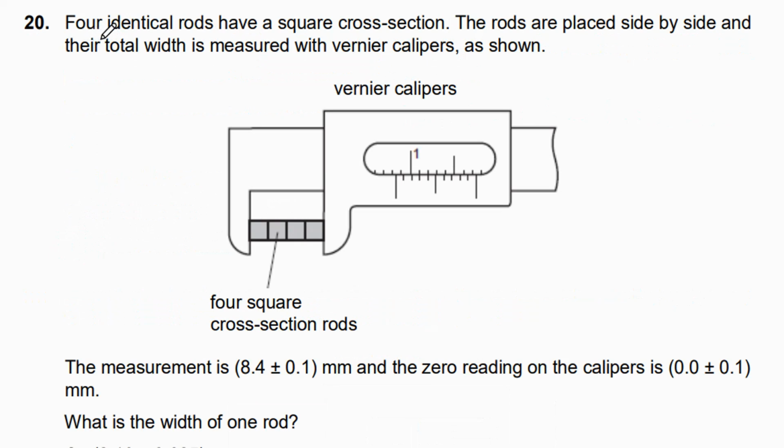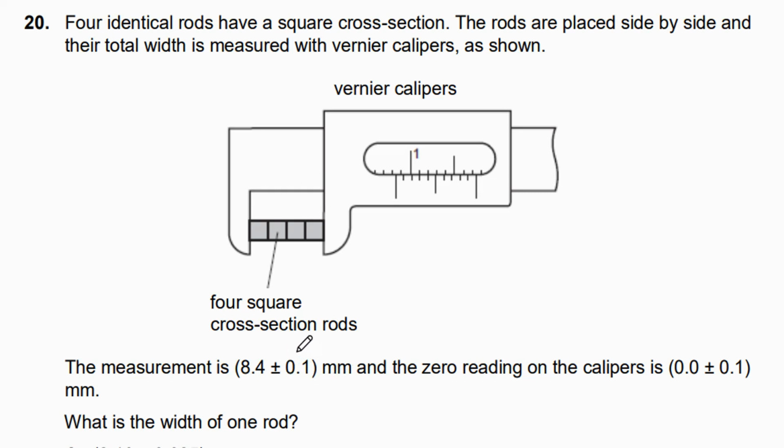Then in question 20 it says, 4 identical rods have a square cross-section. The rods are placed side by side and their total width is measured with a vernier calipers. So we have the 4 square rods here. The measurement is 8.4 plus minus 0.1 millimeters.